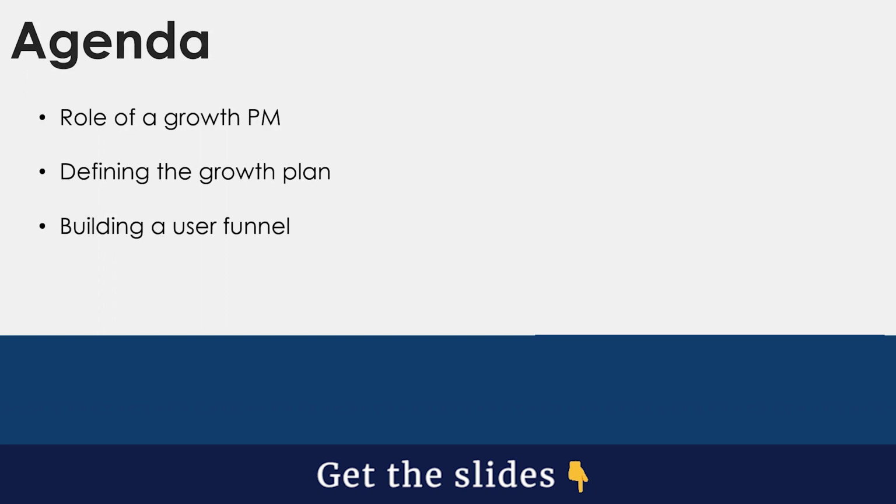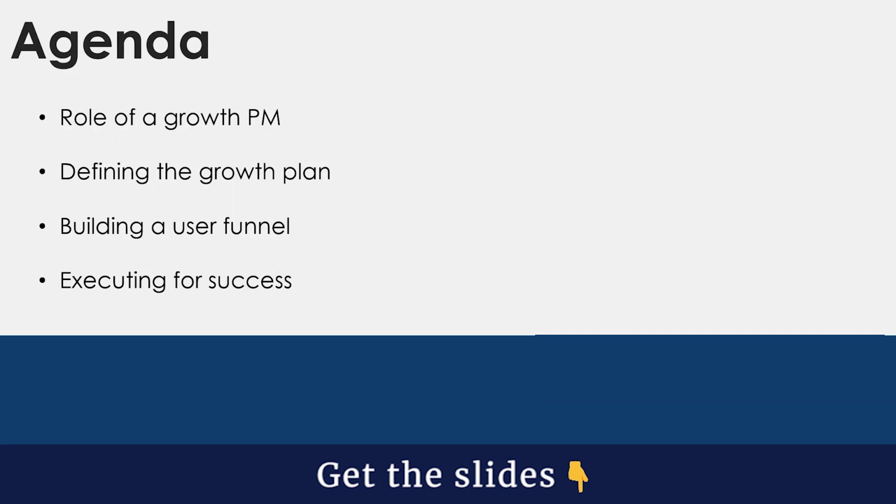We're also going to be talking about building a user funnel. Most of you probably already have a user who's going through your product from end to end, so maybe you're already good with what is already out there. So we are going to be talking about how you build the user funnel and take the user from point A to point B.